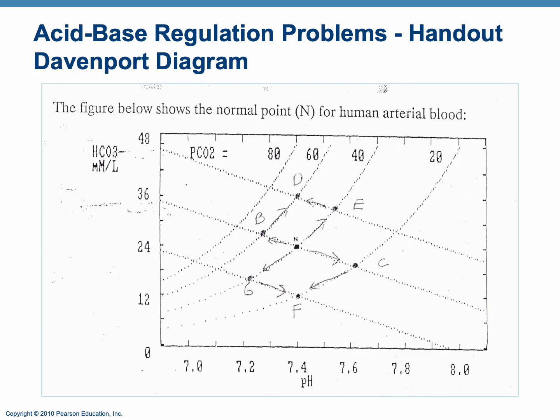Here we have the Davenport diagram graph. So how do you read this graph? This isn't any ordinary graph. This figure below shows the normal point N for human arterial blood. Here's N right here on the graph. That's the normal point.